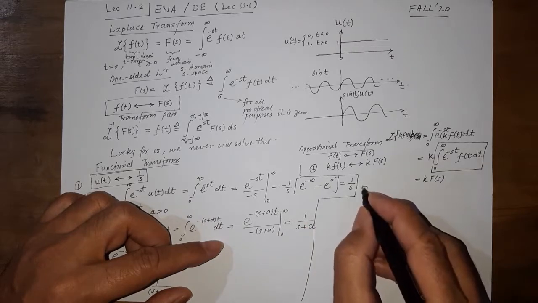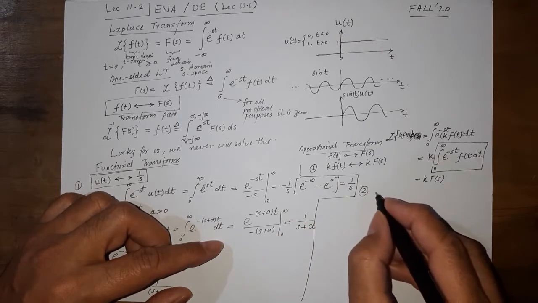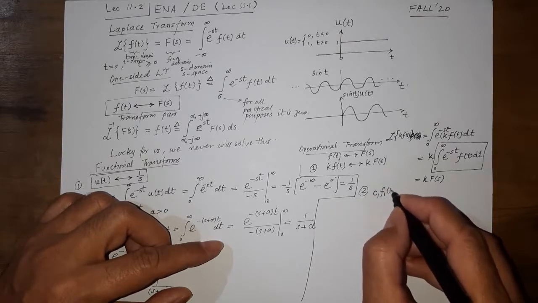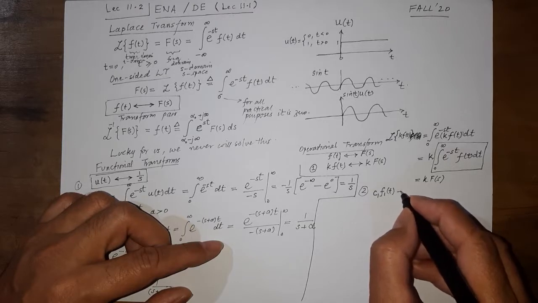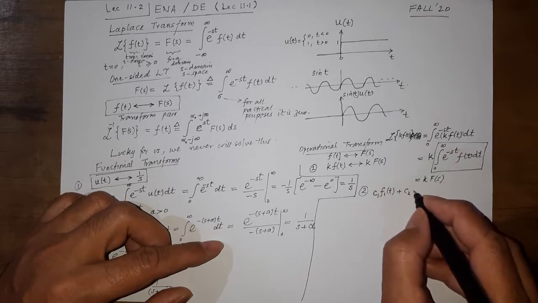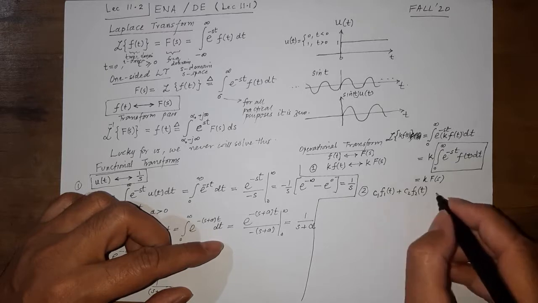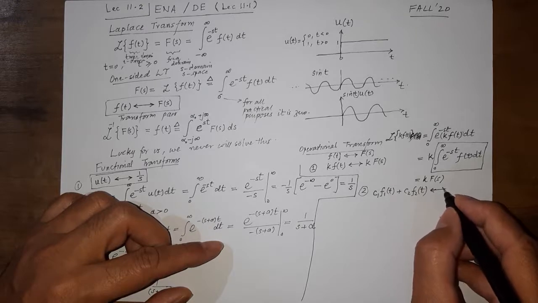Similarly, number 2: what is going to happen if a constant multiplies some function of time and another constant multiplies another function of time, and they are added together? How would their transform look?